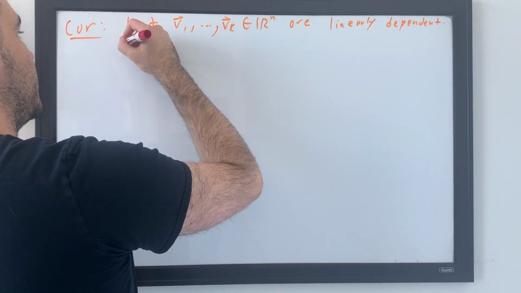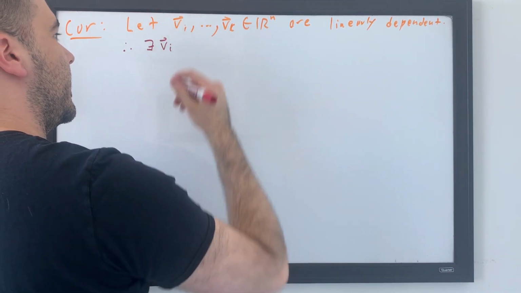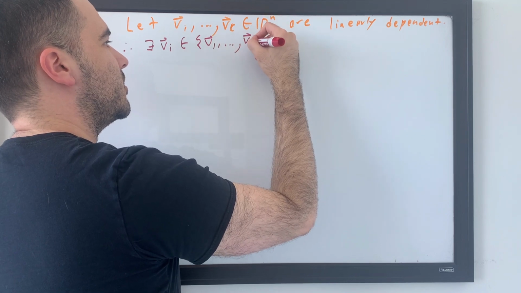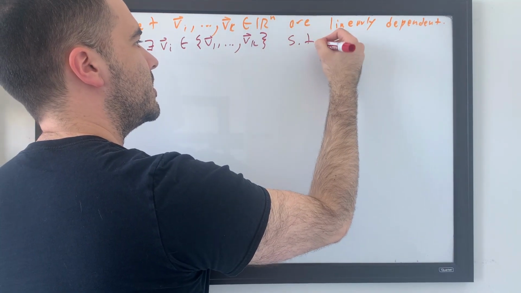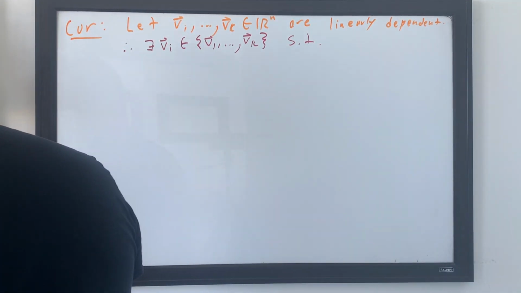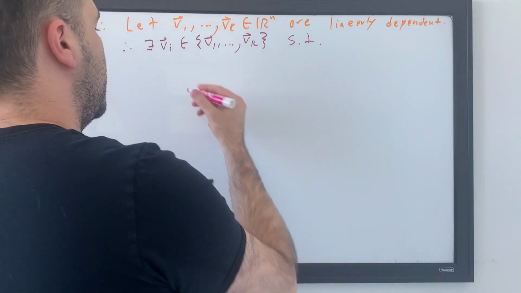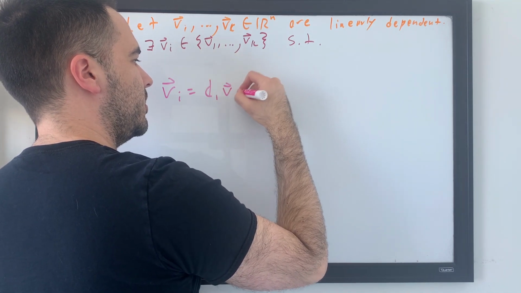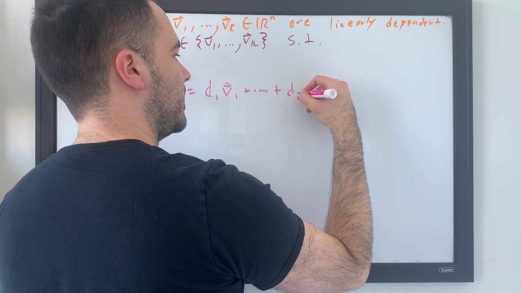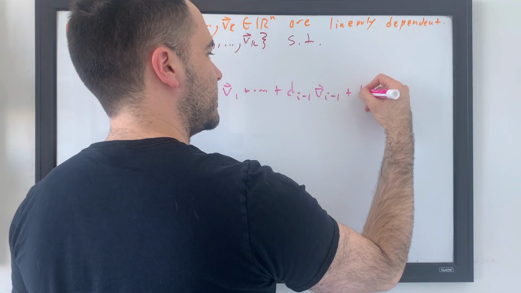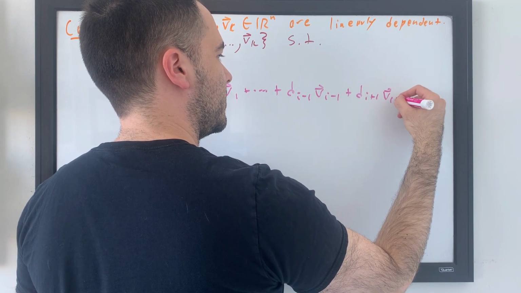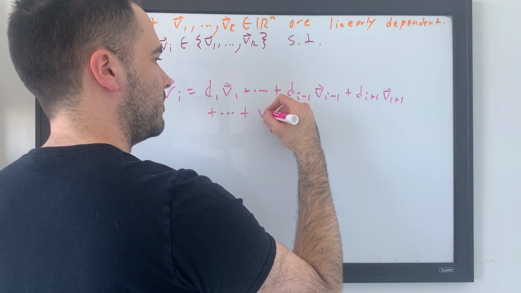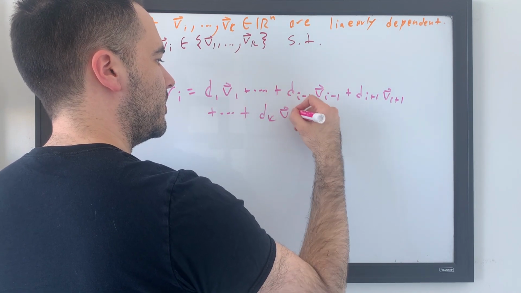What this then means is that there exists a vi in this set, we'll make it explicit that it is one of these vectors, such that it can be written as a linear combination of the others, such that vi is equal to d1 v1 plus all the way to d(i-1) v(i-1) plus d(i+1) v(i+1), plus all the way to dk vk.